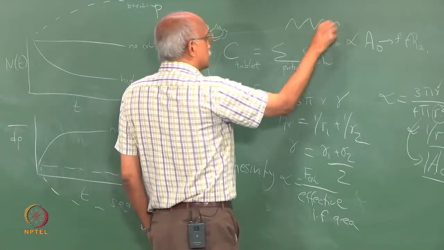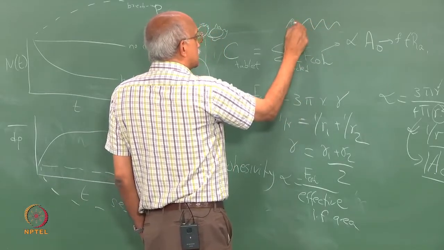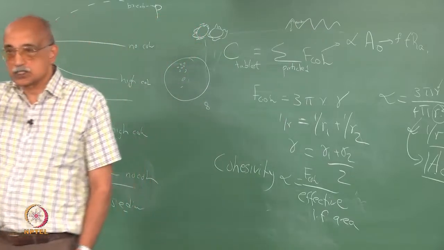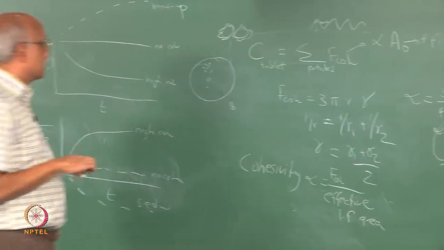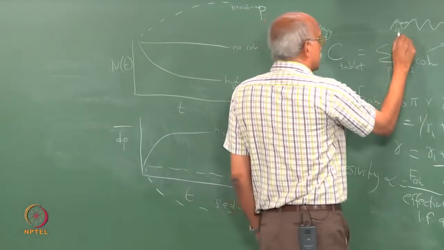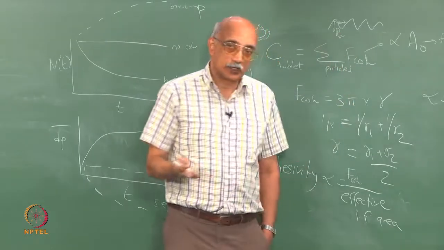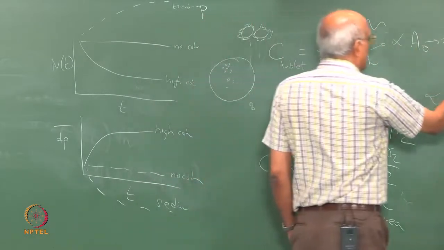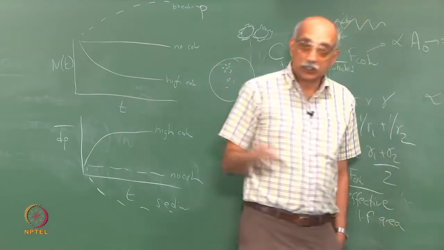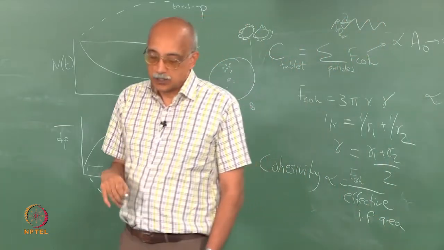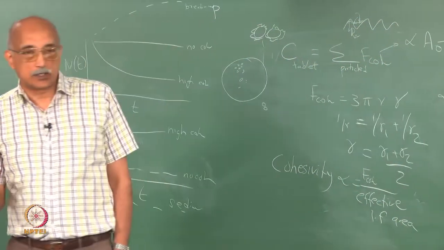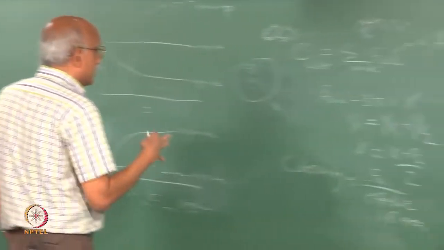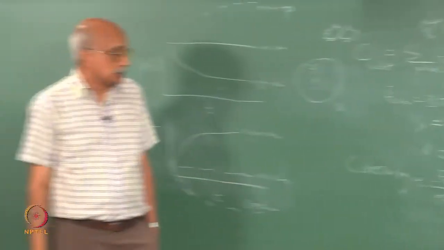If this is your roughness, it is going to depend on this height, and it is also going to depend on the distance between two successive roughness asperities. So, if you call this Ra, which is the height of these asperities, and if you call this some lambda A, which is the distance between two asperities, they both have a significant influence on the cohesive tendencies of these particles.